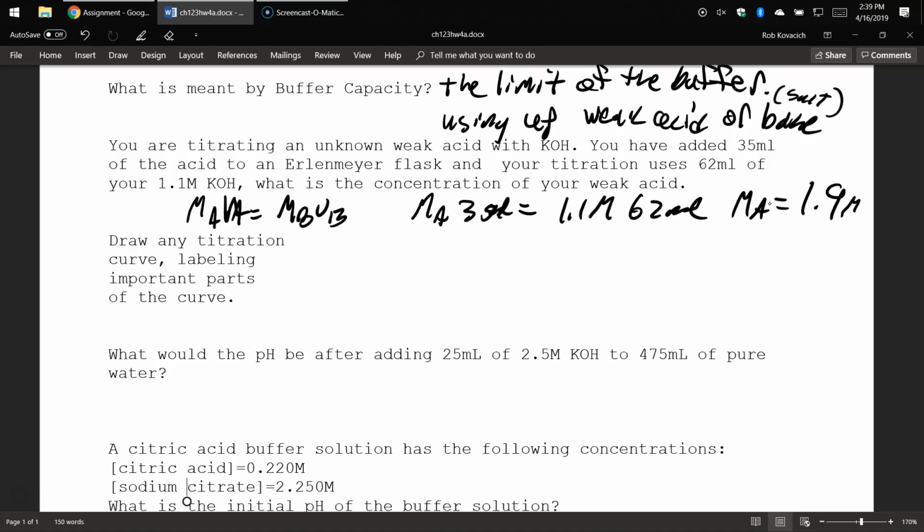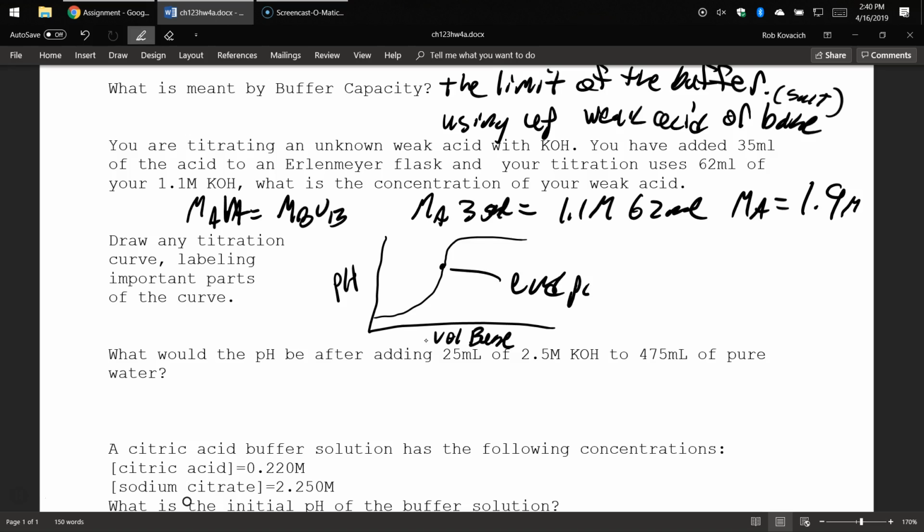molar. Okay, draw, label any titration curve. So let's go like this, and like this, like that. So volume of base, pH, it's the end point.